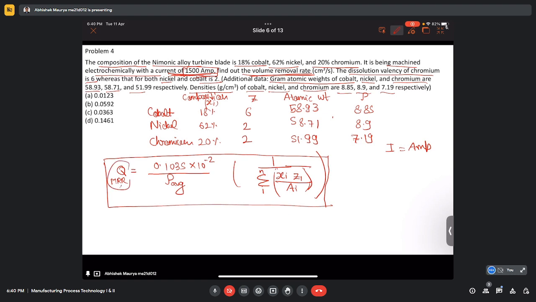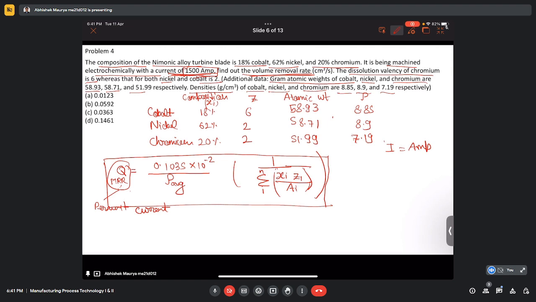Okay, this MRR which we will get is per unit current. So whatever MRR we get from this equation, we have to multiply it by the current value, then we will get the actual MRR.